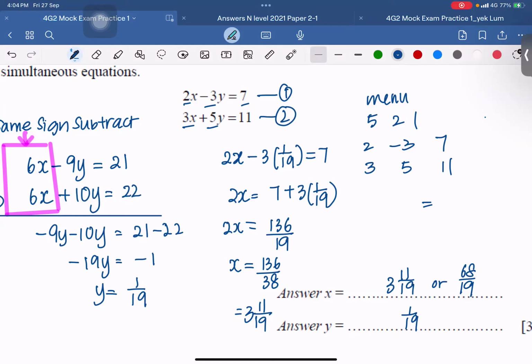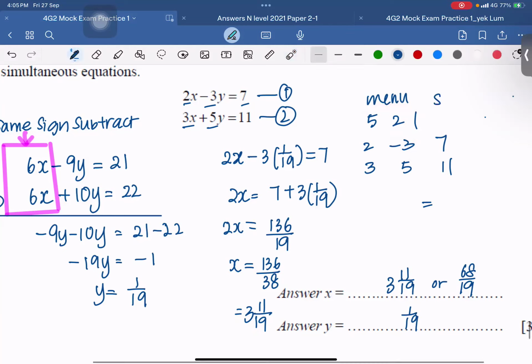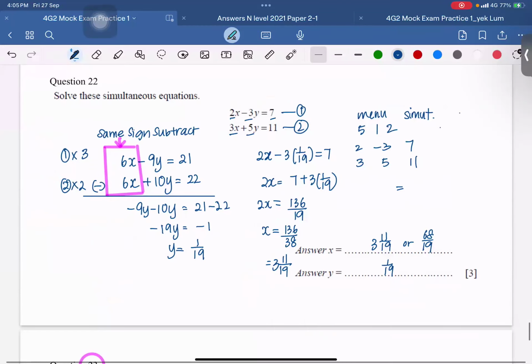So during the exam, if you have this calculator, you press menu, I think it's menu 521. Or is it menu 5111? Cannot remember, but you go and see. You press menu 5, there's a simultaneous equation. Maybe menu 511, or is it 2 variable? I cannot remember, or is it 512? Either this combination. You go and try, and you'll be able to see your answer straight away.